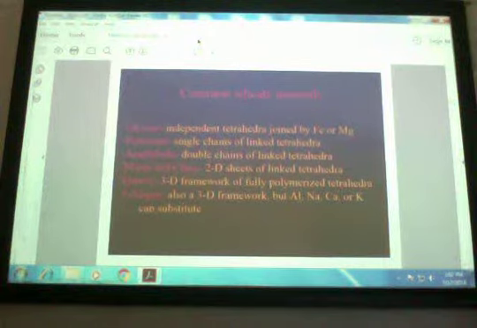On the tetrahedrons, as I told you before, we always place the silica. So the enstatite has the Mg. The formula is actually Mg2Si2O6.